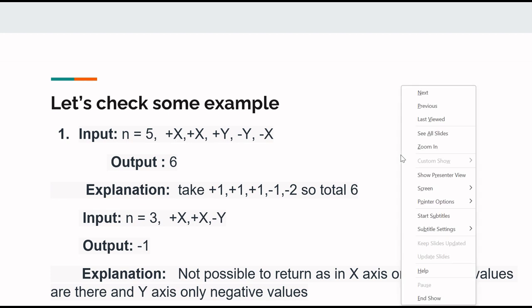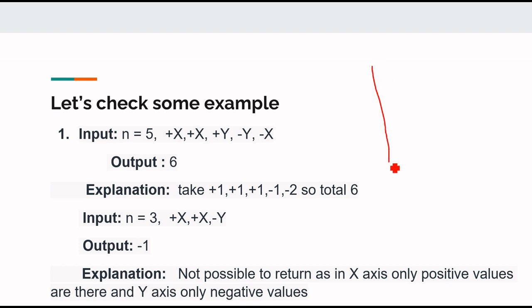So let's see. What is happening? Suppose I have this kind of thing and I can take two steps like this. This is first step plus x, this is second plus x. Now I can move to plus y.